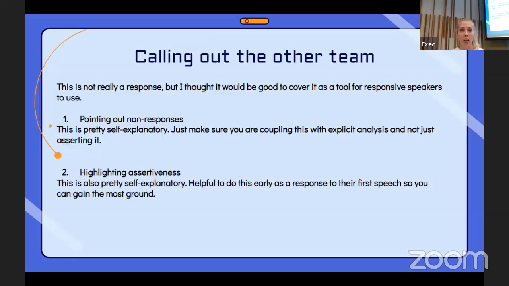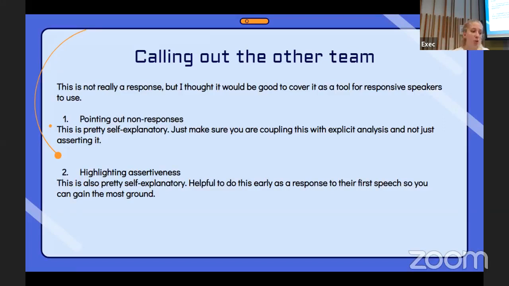If, for example, they've written a point and it's only got one mechanism, it's helpful to point out that they've only got one mechanism, directly respond to that one mechanism, so disprove why that one mechanism is true, and then highlight where the rest of their point has basically just been assertion. Because you've dismantled that one mechanism that links the point together, that means that they haven't really got a case left over to keep carrying through the debate.